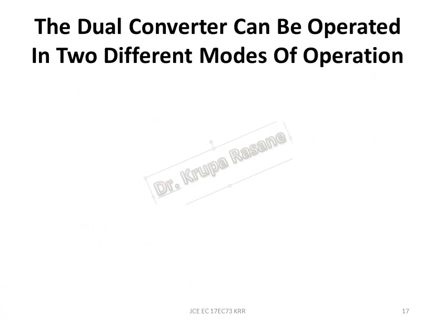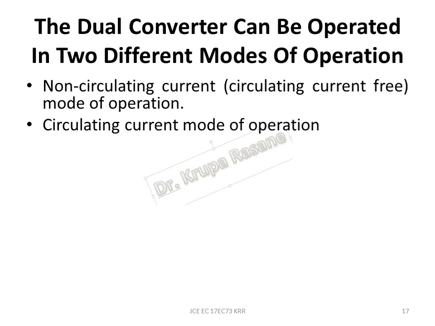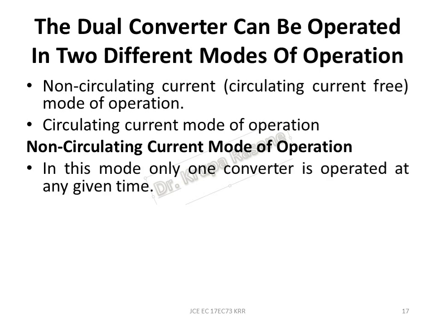So a dual converter basically can be operated in two different modes of operation. One is the non-circulating current or circulating current free mode of operation, and the other is the circulating current mode of operation. In the non-circulating current mode, only one converter is operated at any given time. Either converter 1 is operating or converter 2 is operating, but both are not operating simultaneously.